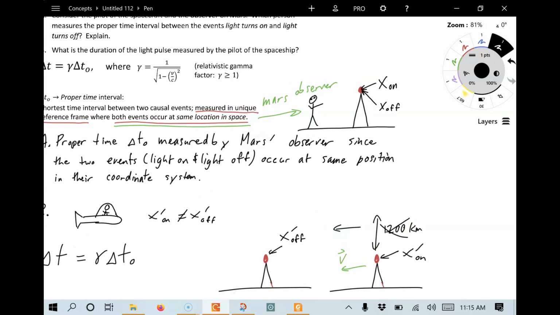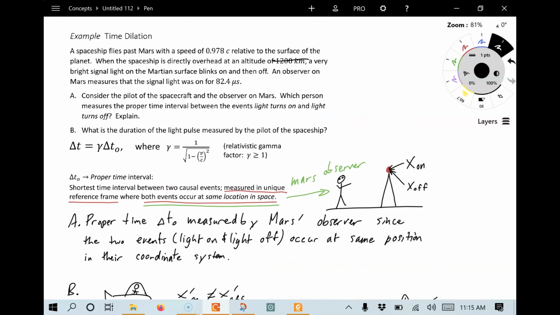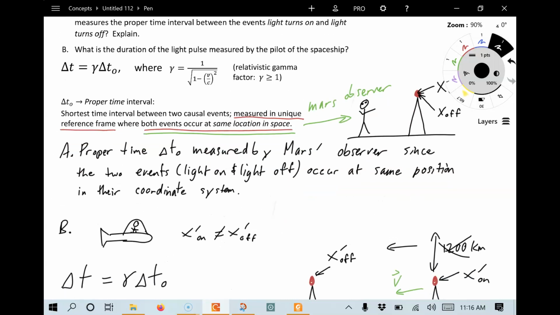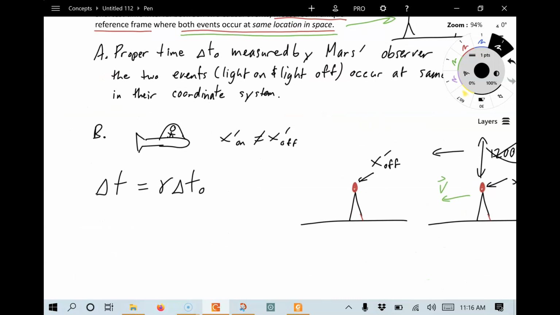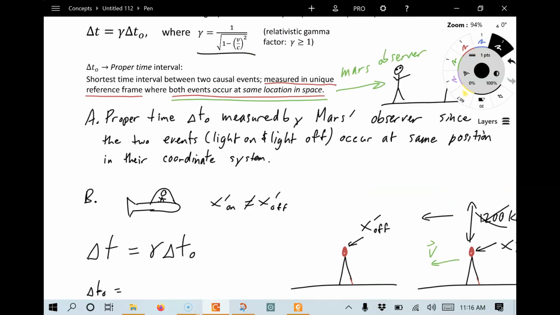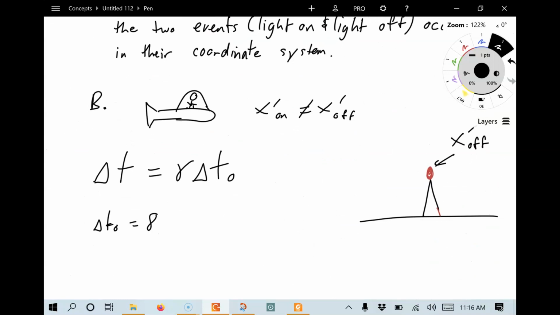Now, we know that the proper time interval is measured by the Mars observer, and that is equal to, according to this, 82.4 microseconds. We also know the speed here, 0.978 c. We can use this formula to calculate the gamma factor. So let's do that. We know here delta T naught is equal to 82.4 microseconds.